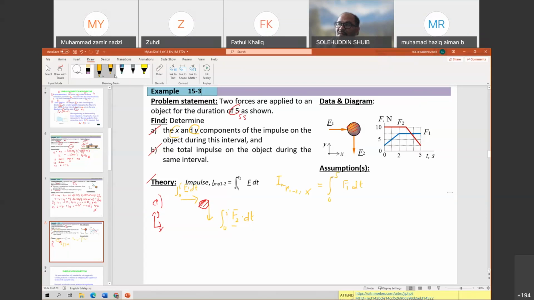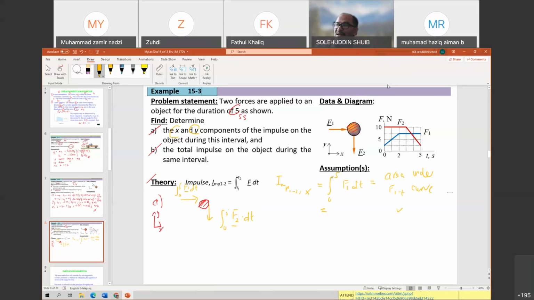Meaning this is the area under the F1 curve. Can you calculate for me what will be the area under the F1 t curve? You give me the answer.